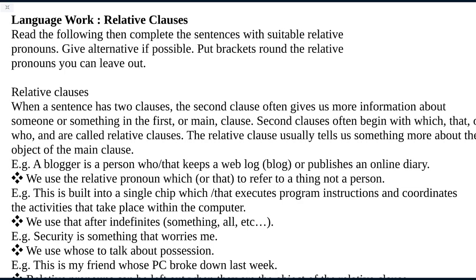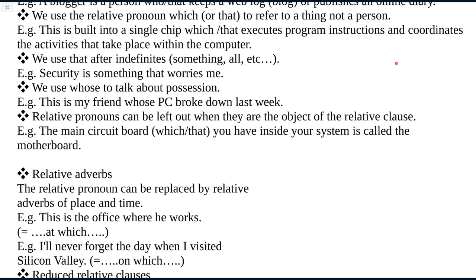Okay, so do you have any questions? So in here, it says that when a sentence has two clauses, the second often gives us more information about something or someone. So this is just to explain it in a more detailed way.